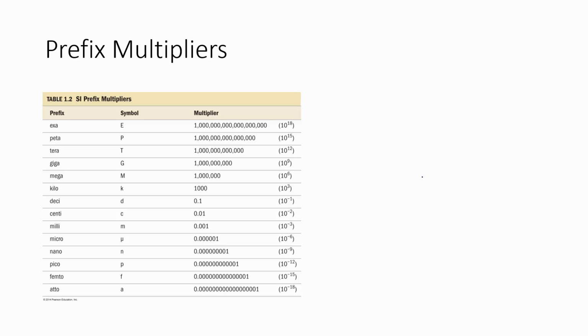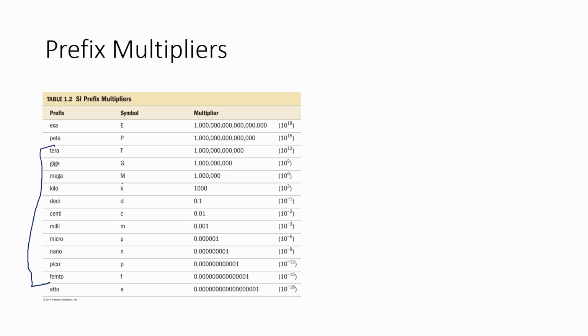We also want you to know prefixes, and I'm only going to hold you accountable to tera through femto. So you need to memorize all of these prefixes, which are just multipliers on numbers.